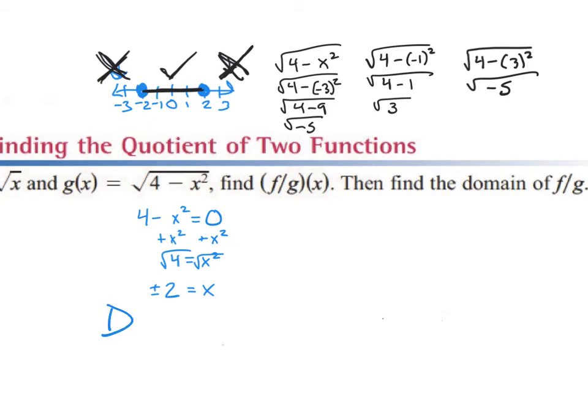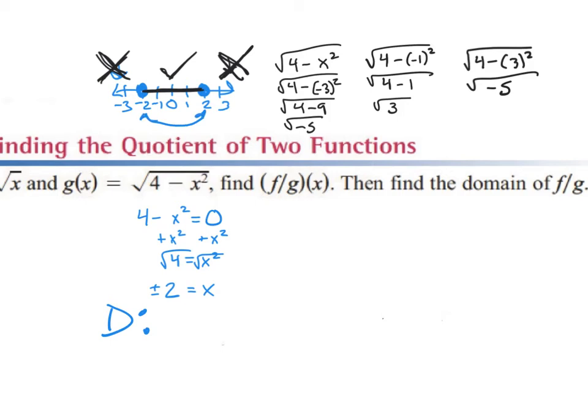So how would we write that as our domain? We're just looking at numbers in between here, from -2 to 2.